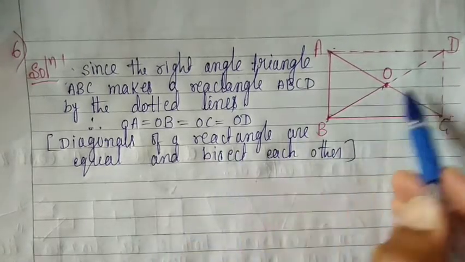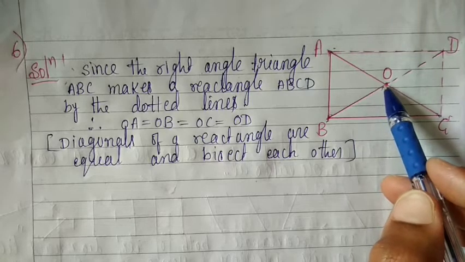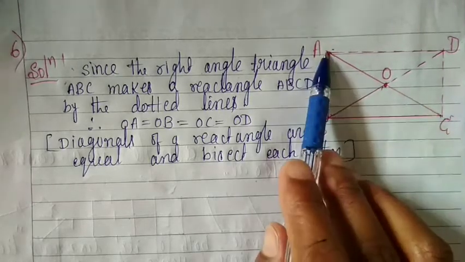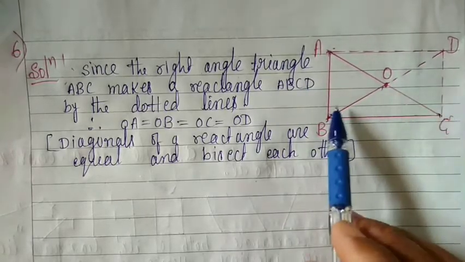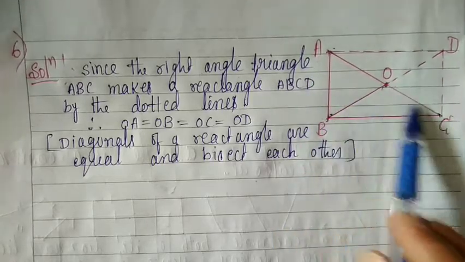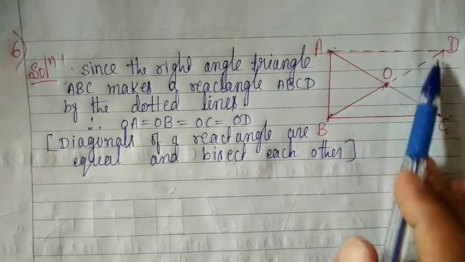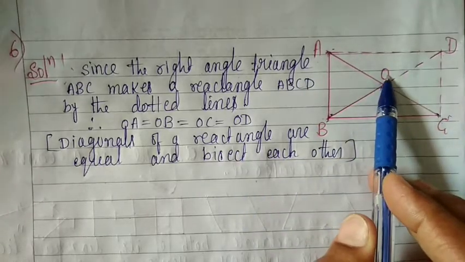Once again, these are the diagonals of a rectangle: AC is one diagonal and BD is another diagonal. Therefore, OA is equal to OB is equal to OC is equal to OD. Diagonals of a rectangle are equal and bisect each other.